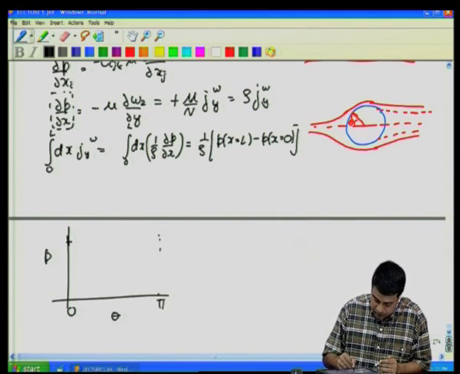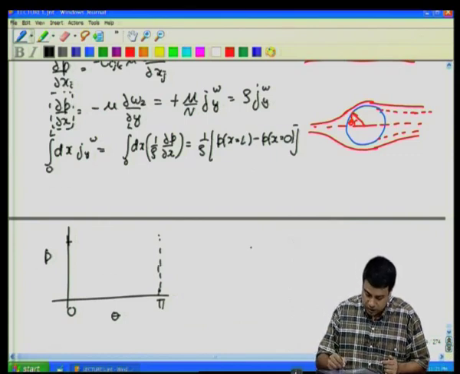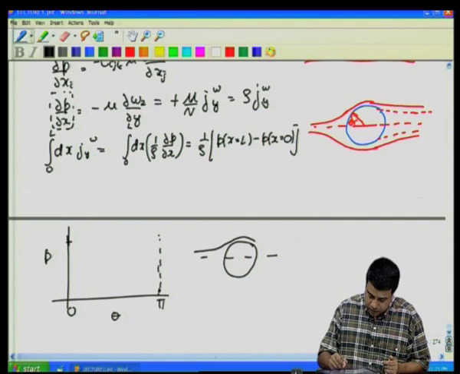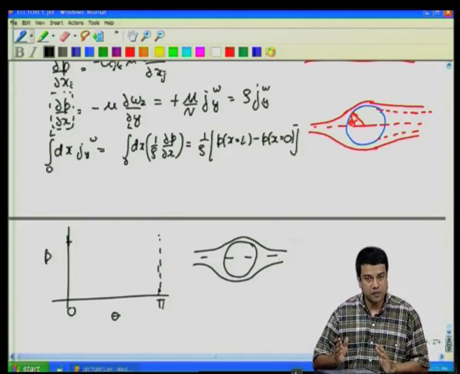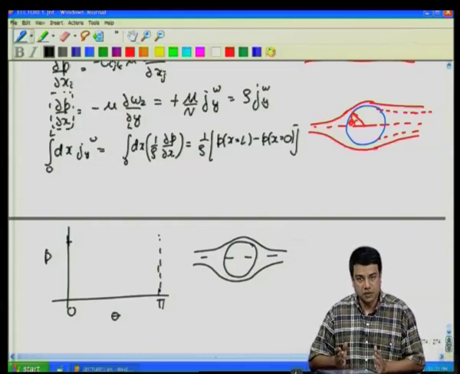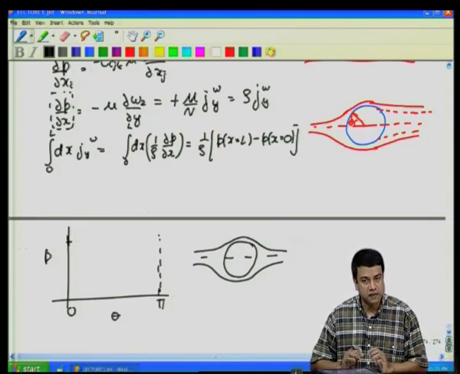Just by symmetry, if I had the potential flow solution alone, the potential flow solution goes all the way around. And I showed you that for the potential flow solution, there is a symmetry between the upstream and the downstream side. The pressure is equal to minus half rho u squared, and because of that there is a symmetry between the upstream and the downstream side.